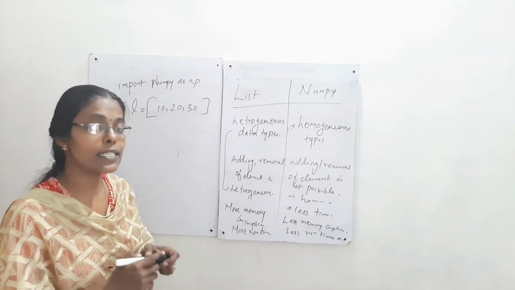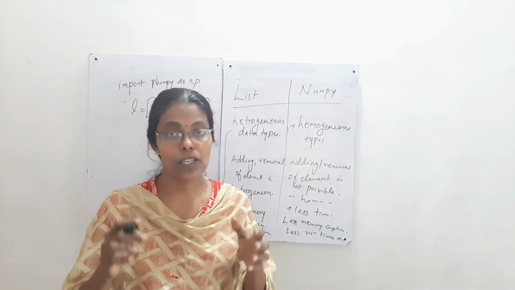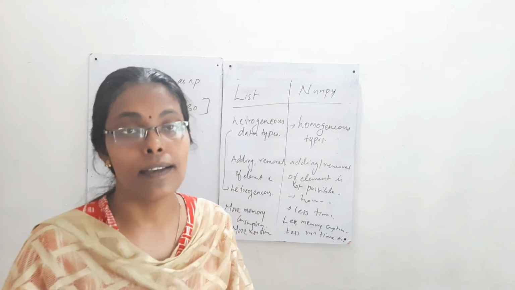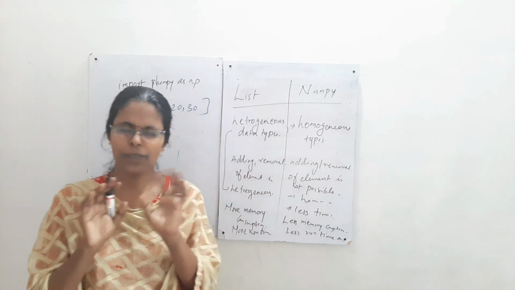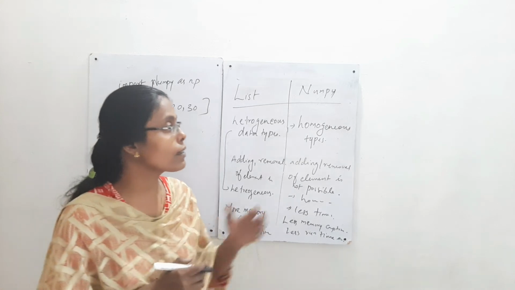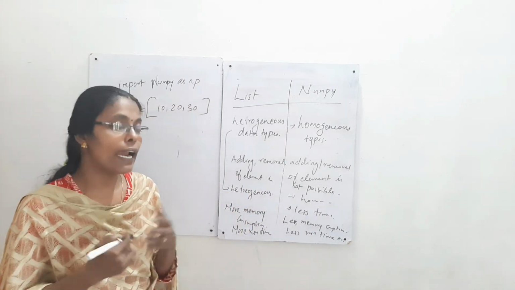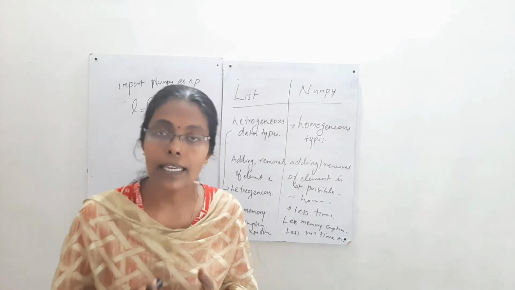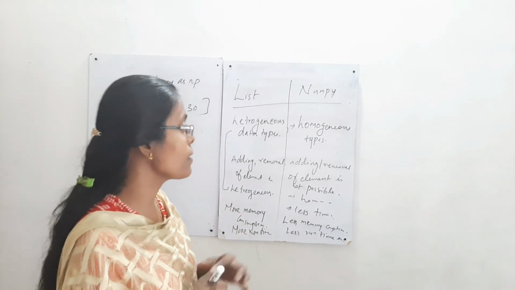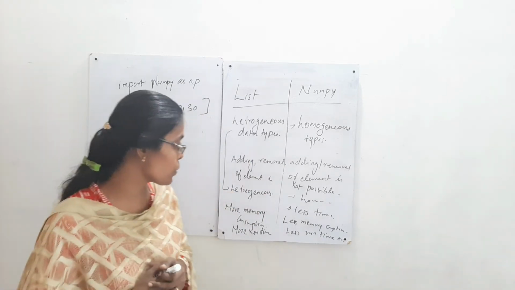In the case of list, we know that we can have a collection of elements that can be a combination of heterogeneous elements. In the case of NumPy, we can have only homogeneous types. Adding or removal of elements is very easy in the case of list, whereas in the case of NumPy it is not possible.